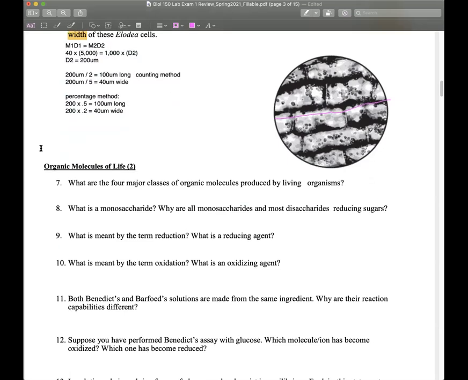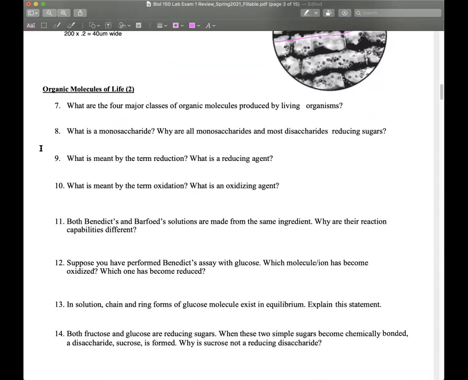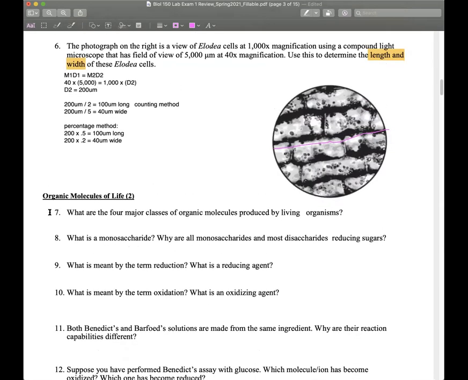All right, so that does it for the microscopy exercise. Are there any other questions about microscopy before we move on to the next part of the review? Yes, Professor, I have one question. Could you quickly explain how you knew to use M1 D1 equals M2 D2 for number 6? Sure. When you're calculating the field of view, it's really hard to measure at a very high magnification.